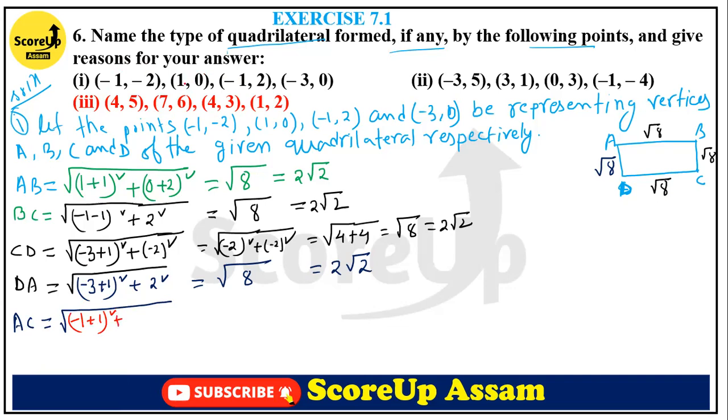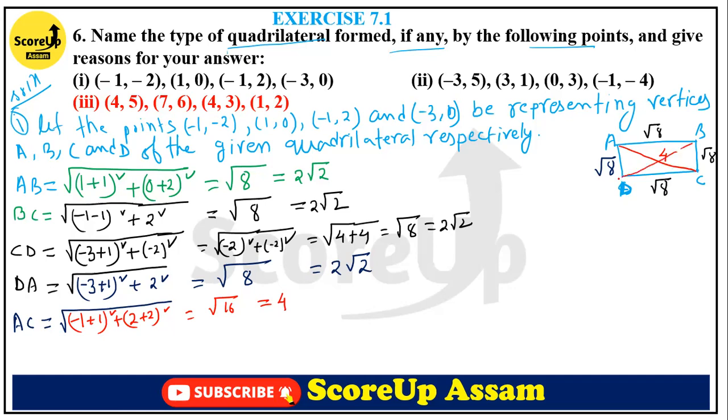Okay. This is A, this is C. So 2 minus minus 2 is 2 plus 2. Right? So that means ultimately 4. 4 square means 16. Root over 16 means ultimately 4. Now this diagonal AC is 4.